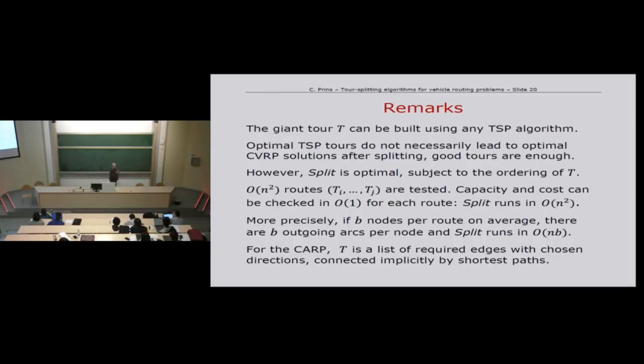So for the CARP, it is the same. In that case, T is the giant tour. It's a list of required edges instead of a list of customers. But you have to choose a direction. So if it is a two-way street, in the giant tour you have to select one traversal direction for each edge. And these edges are connected implicitly by shortest paths.